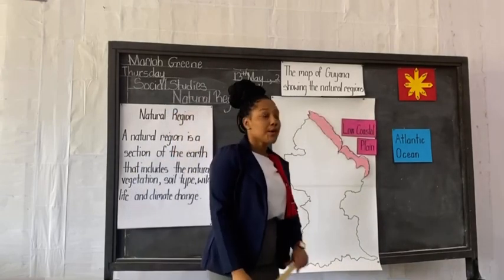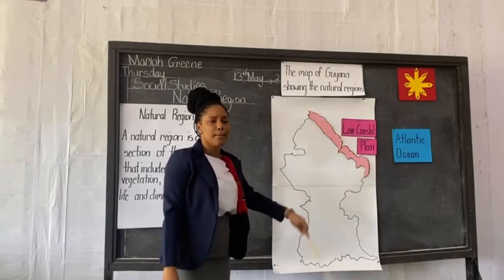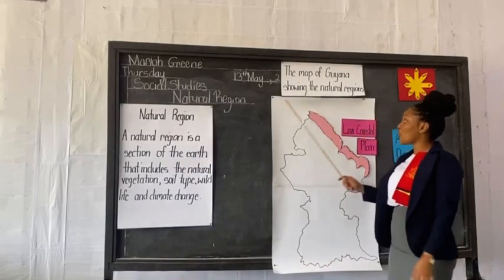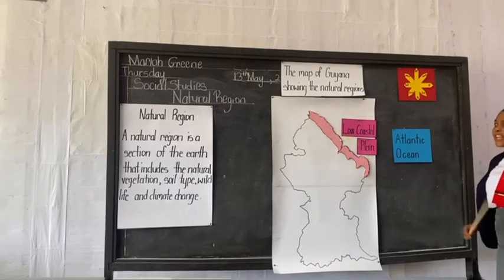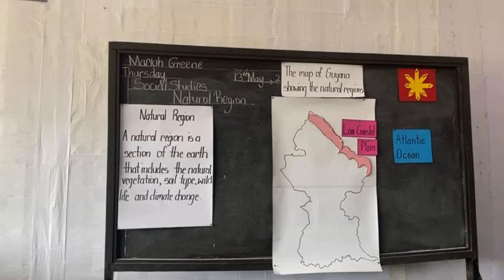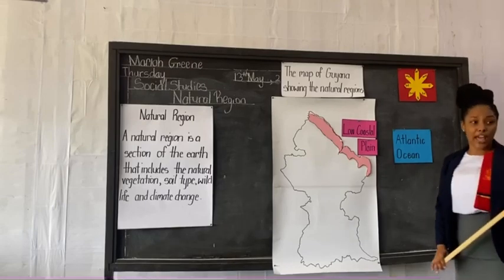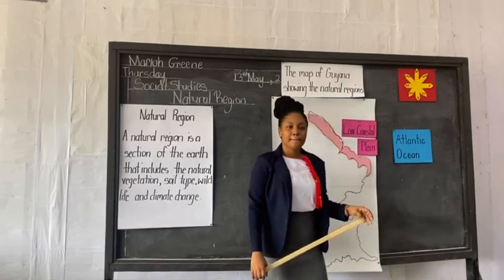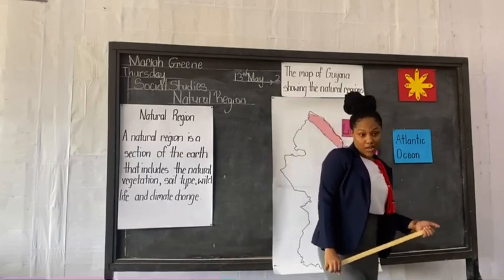So first, we're going to look at the low coastal plain. Indeed, the low coastal plain is found on the coast of Guyana. It is also found near the Atlantic Ocean. So can anyone tell me the location of the low coastal plain? Peter is saying it's to the north of Guyana.